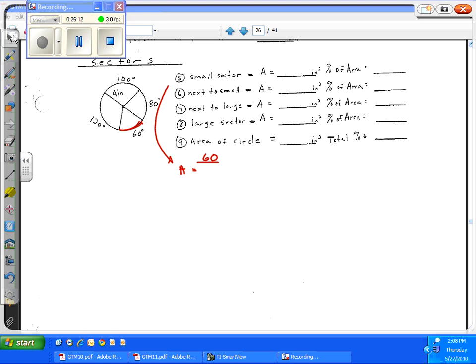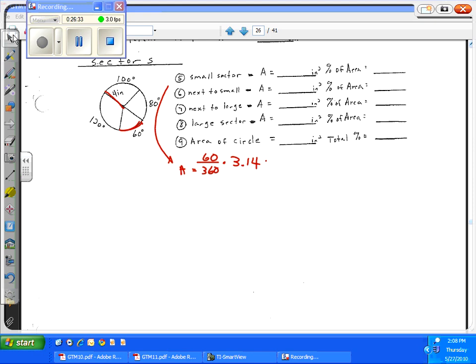So we put 60 over 360 times pi, 3.14, times the diameter. The radius is 4, so the diameter is 8. Wrong. I'm finding area of sector.